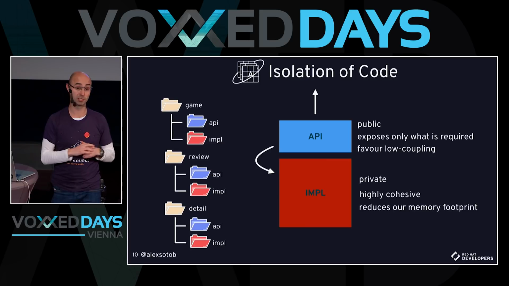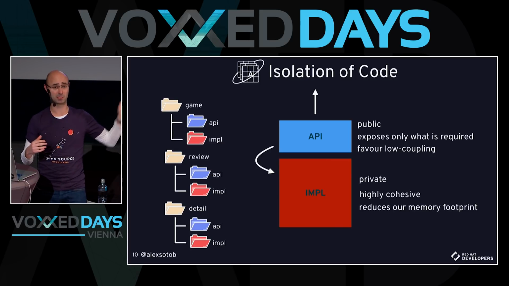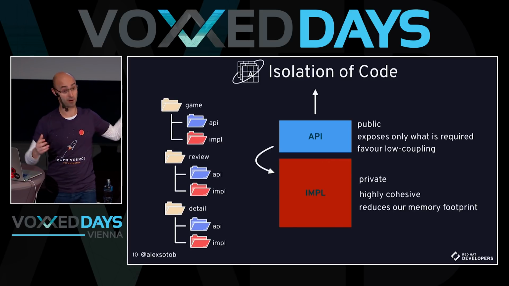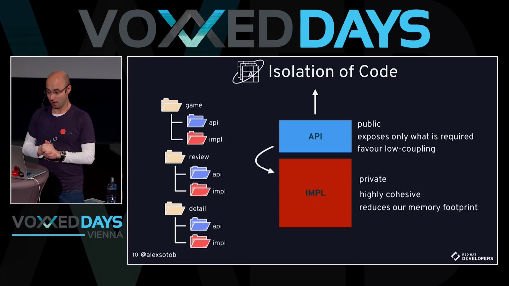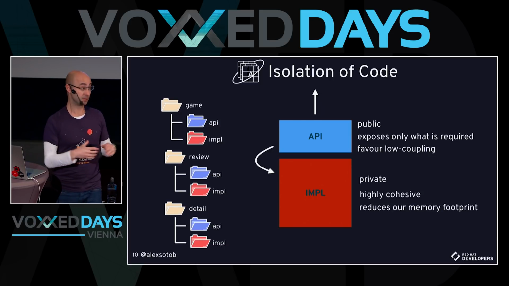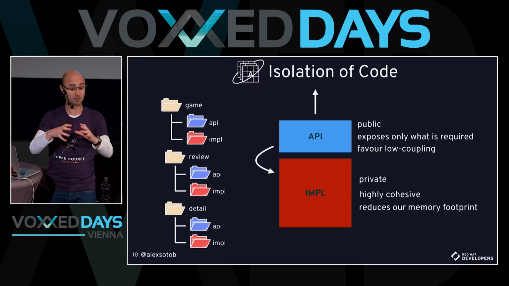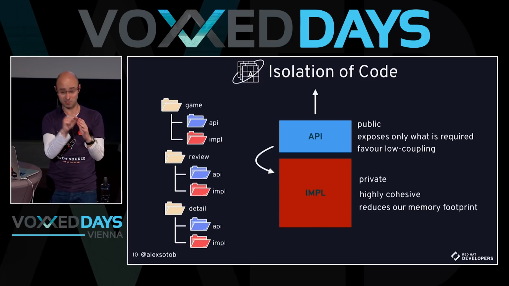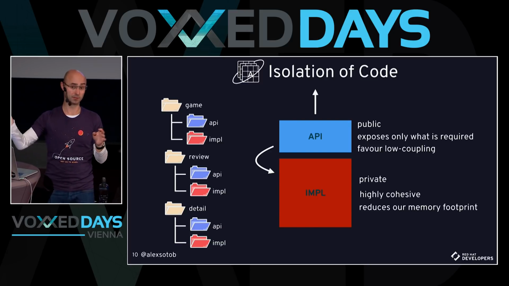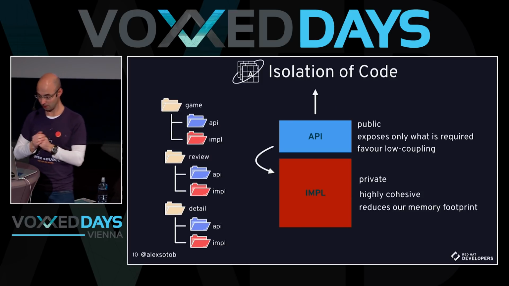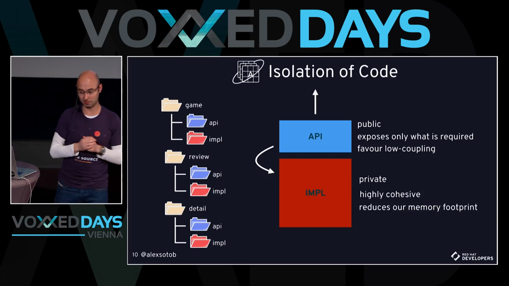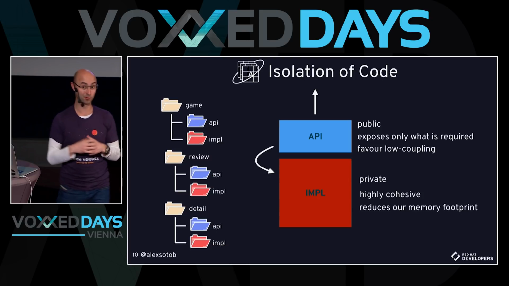And then there is this IMPL folder, where all the classes are private or package-private, I mean it doesn't matter the scope, but they are not public. It's highly cohesive in the sense that all the classes just communicate inside this module. There is no outbound communication. And finally, and this is really important, it reduces our memory footprint, right?